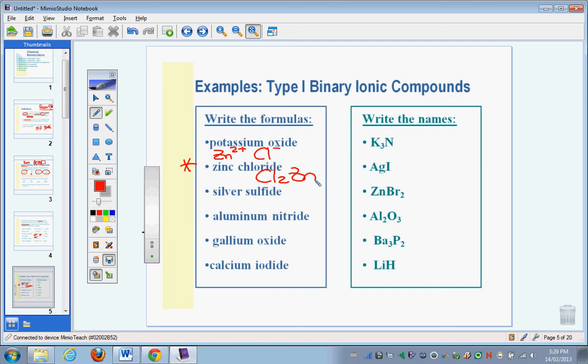The metal before the non-metal? Even in the name, zinc chloride, the metal comes first. So instead of Cl2Zn, you should have said ZnCl2. Does that sound familiar to you? Zinc chloride? Yeah. Grade 9 science, we synthesized zinc chloride. All right.